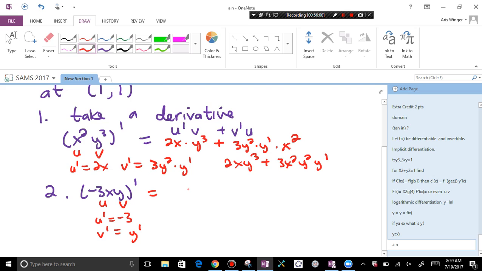U prime V plus V prime times U: negative 3y minus 3x y prime. Where's the x? U prime V, so this is an x, right? All right, so that's an x.